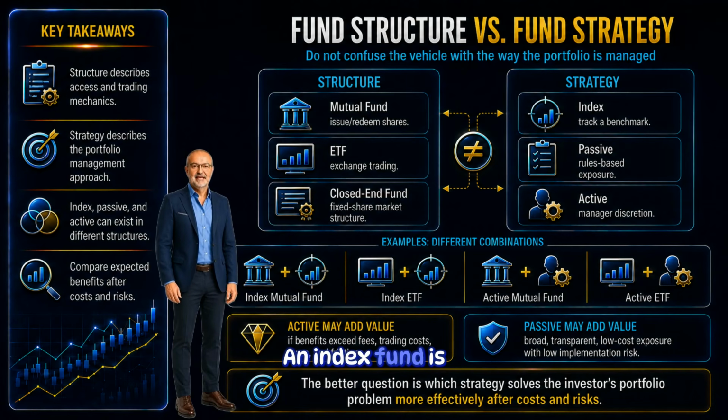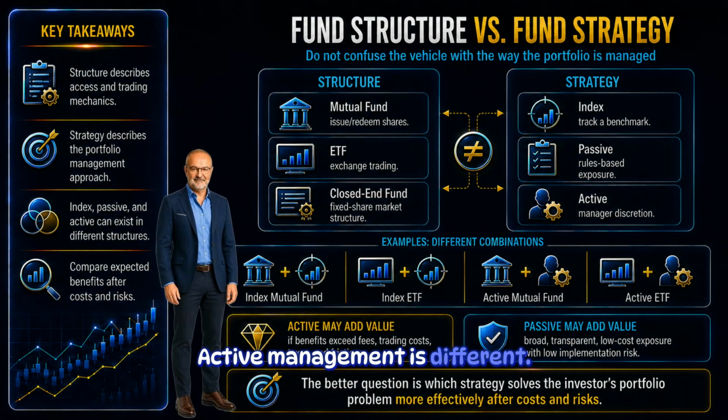An index fund is a mutual fund or ETF that seeks to track the performance of a specified market index. It may hold all the securities in the index or use a representative sample. Passive management is usually rules-based. It aims to provide exposure to a benchmark or market segment, rather than relying heavily on manager judgment to pick individual securities.